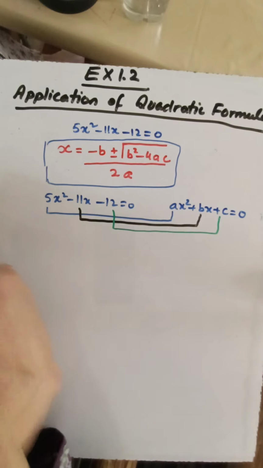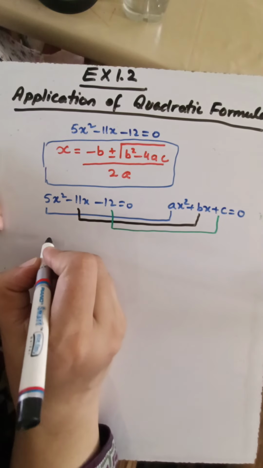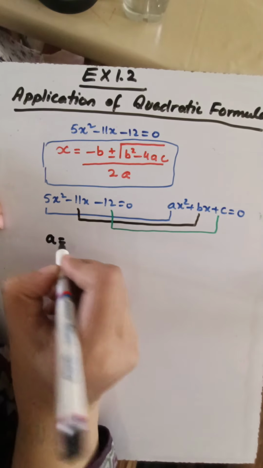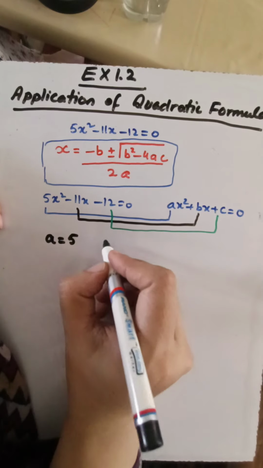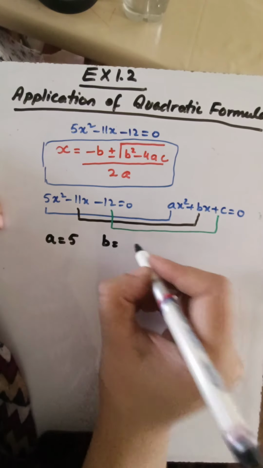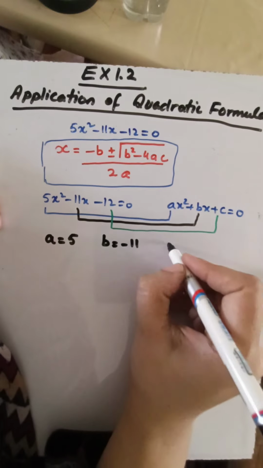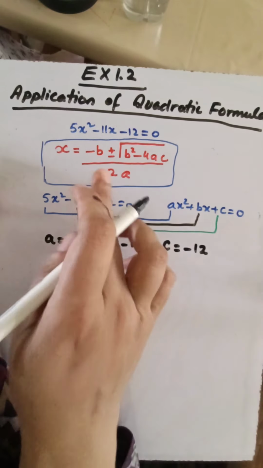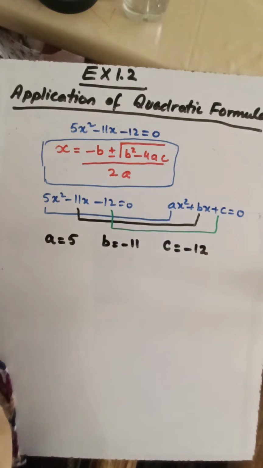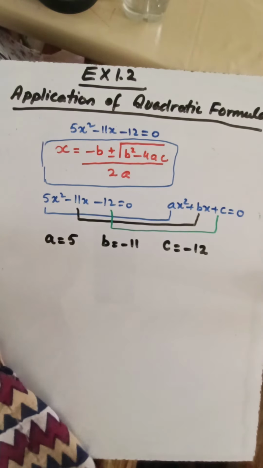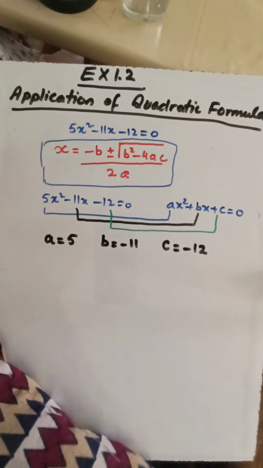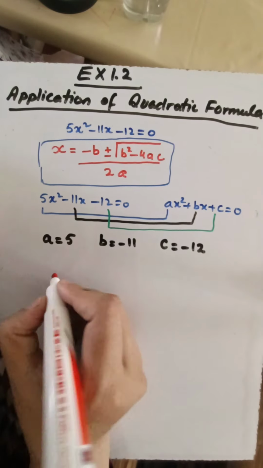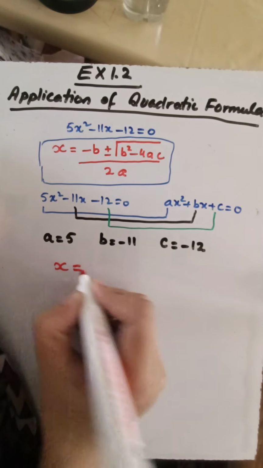So I am going to use a is equal to 5, b is equal to negative 11, and c is equal to negative 12 in the given quadratic formula to get the value of x.